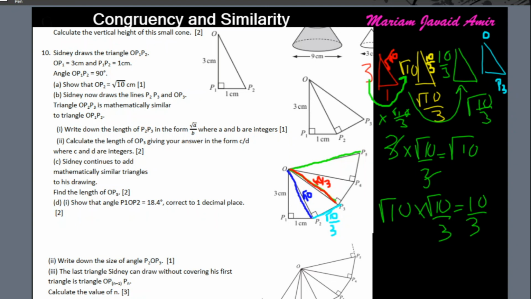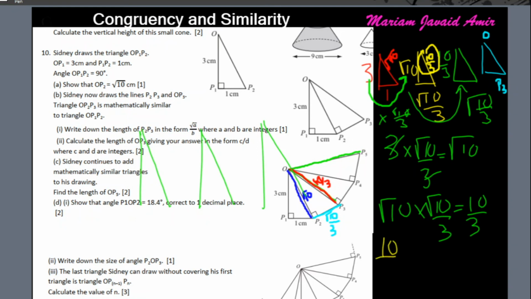So if the vertical lengths are being multiplied by under root 10 by 3 to get the next vertical length, then the hypotenuse, or the largest sides, will also get multiplied by under root 10 by 3. Let's look at the largest side of the yellow triangle, that is 10 by 3.